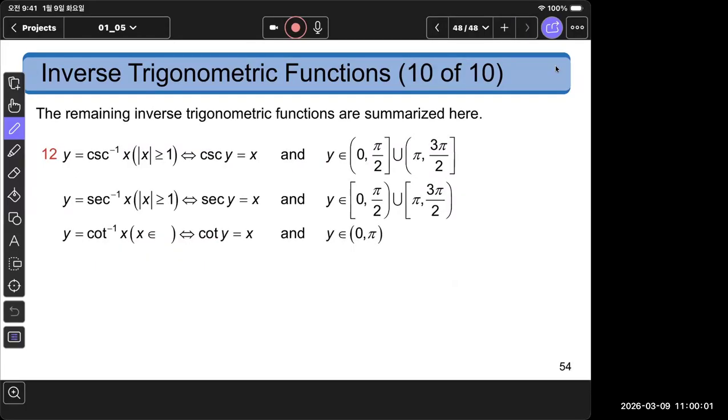In a similar way, we can think of the inverse functions of the cosecant, secant, or cotangent functions.